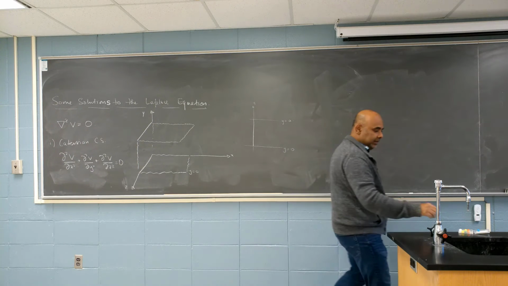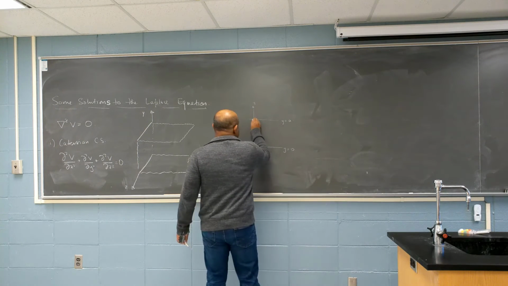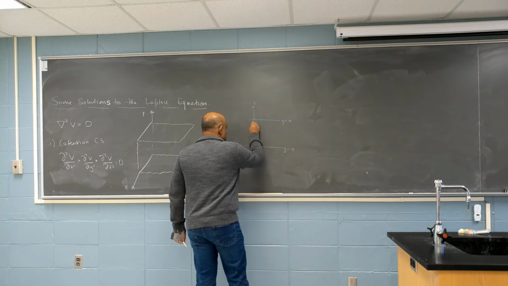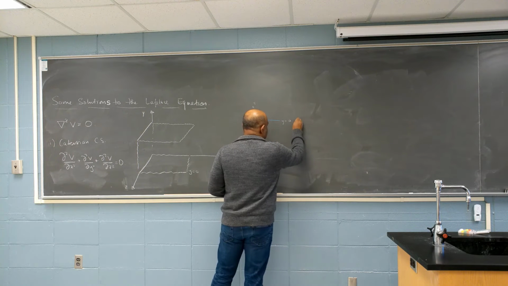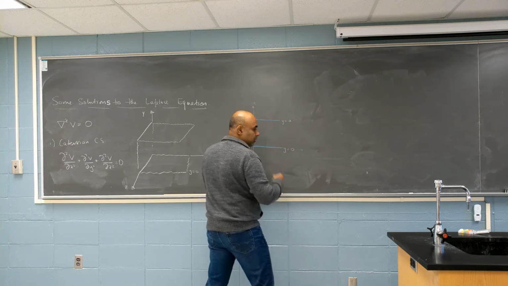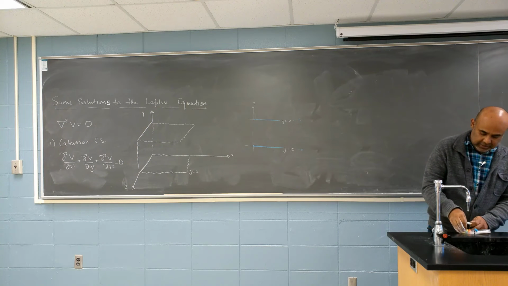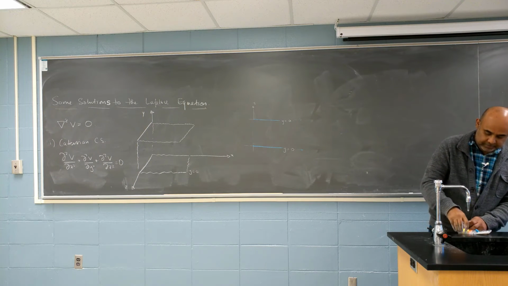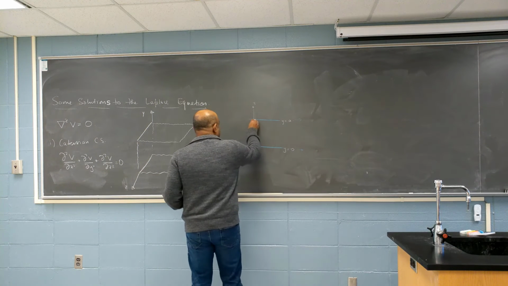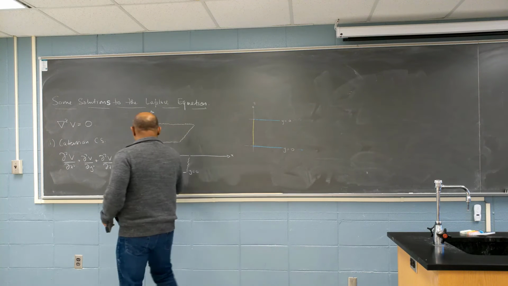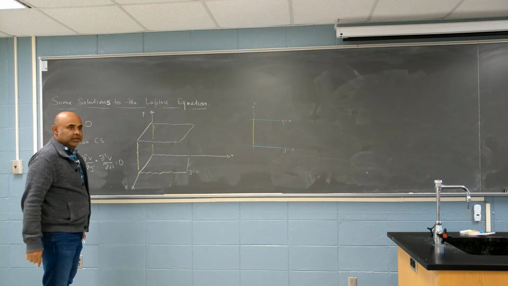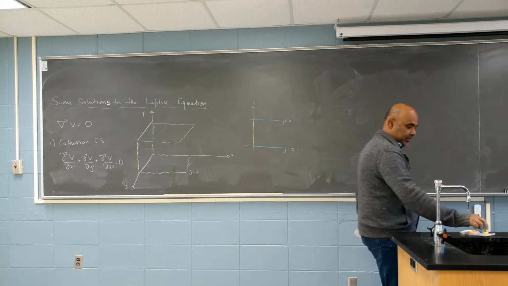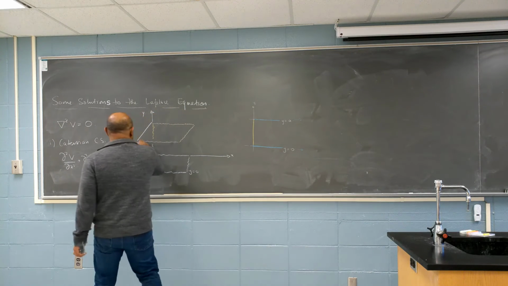So what you're seeing in that diagram: conductor number 1, conductor number 2, and this goes on forever, and it comes out forever as well, and you have a third conductor. You see it? That is the diagram.